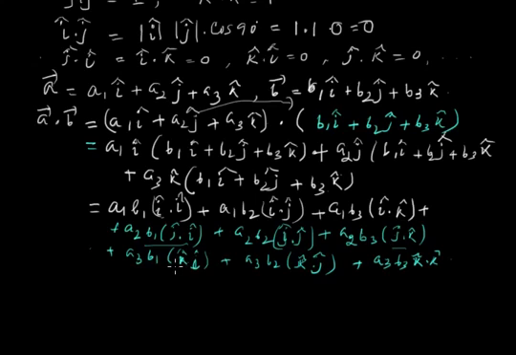Here again this will be 0, this will be 0, so only left is this. So finally we are getting the result A1 B1 plus A2 B2 plus A3 B3.